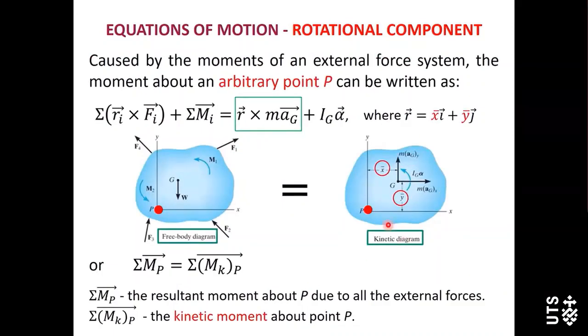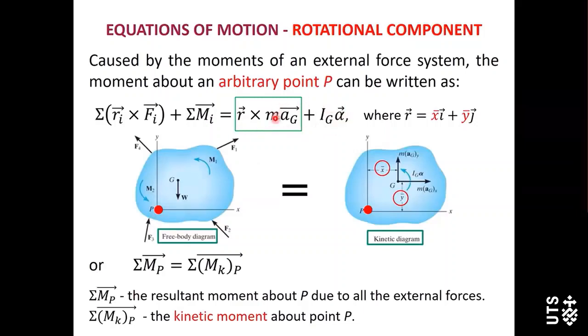Now we focus on rotational component only. In this equation, on the left side, we have moments generated by all external forces. We can select point P to calculate all moments.